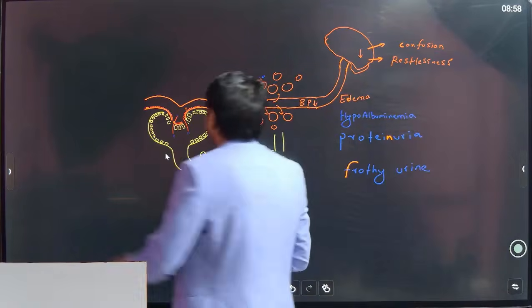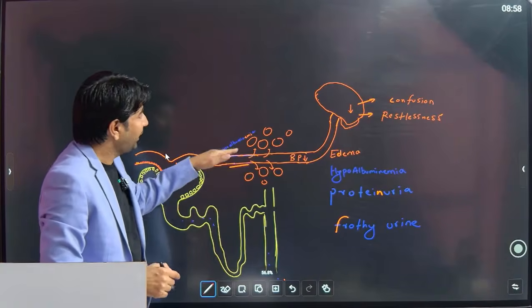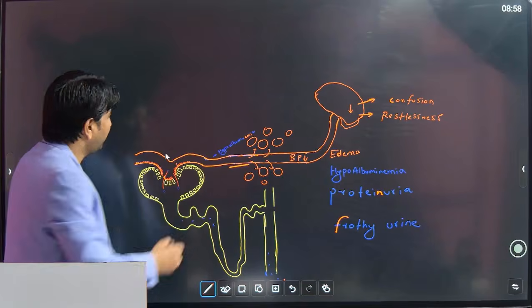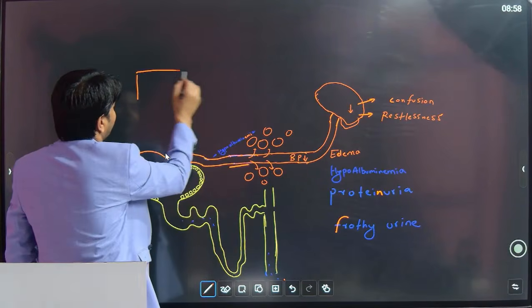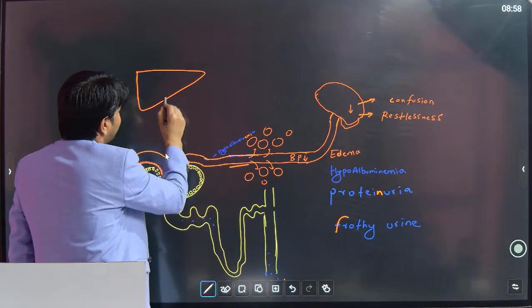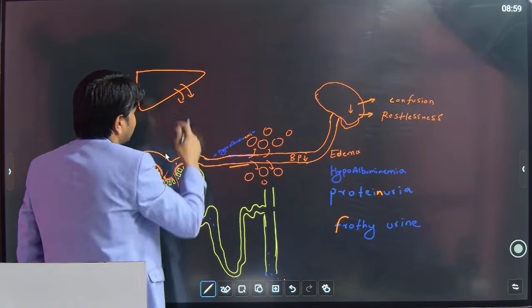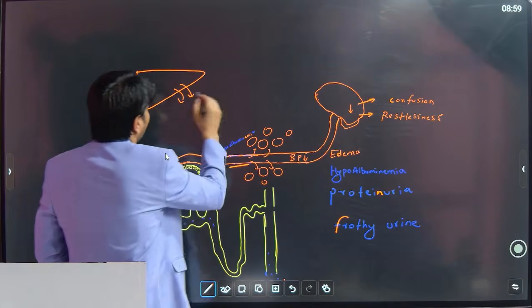And what else did we see in this? Another symptom is created in nephrotic syndrome because if the albumin protein in our blood is low, then a message goes to the liver that the protein in the blood is now low. So the liver starts making protein again and increases the formation of protein.